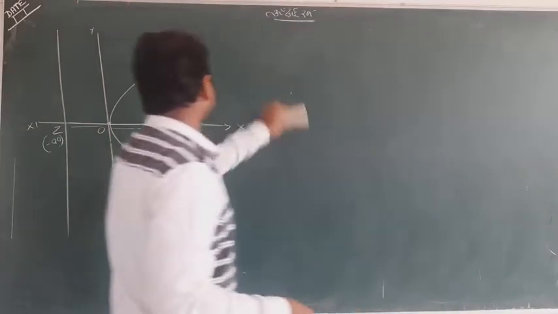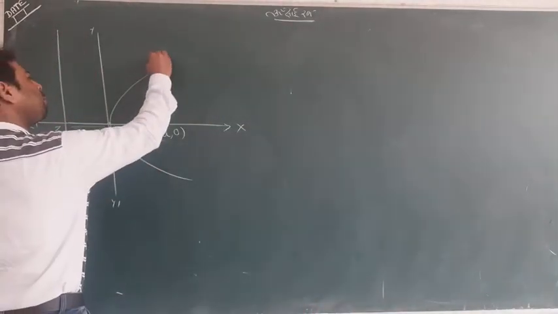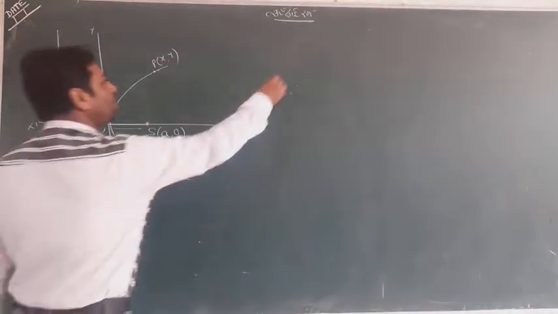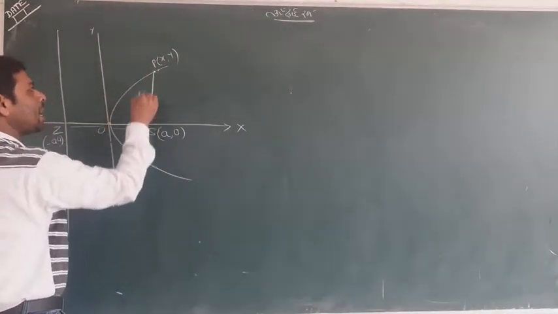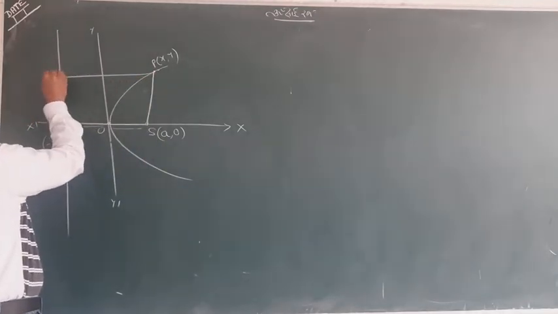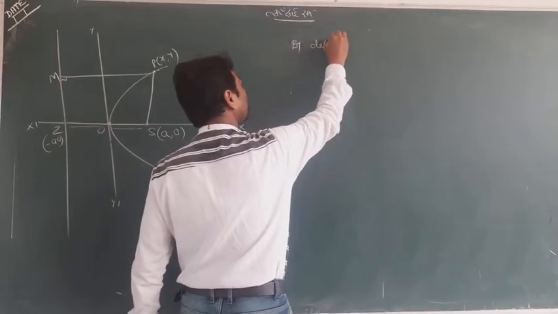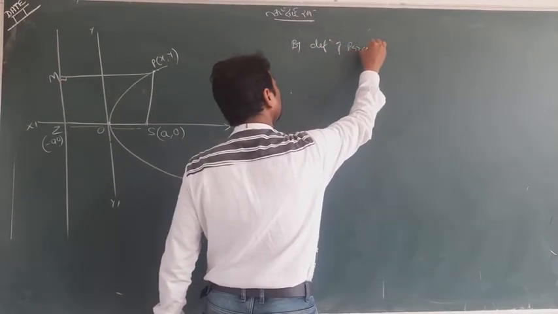Now let me explain something: this is my point P, which is always taken as (x, y). And what is the fact? You know that PS and PM are always equal. This is by the definition of the parabola.